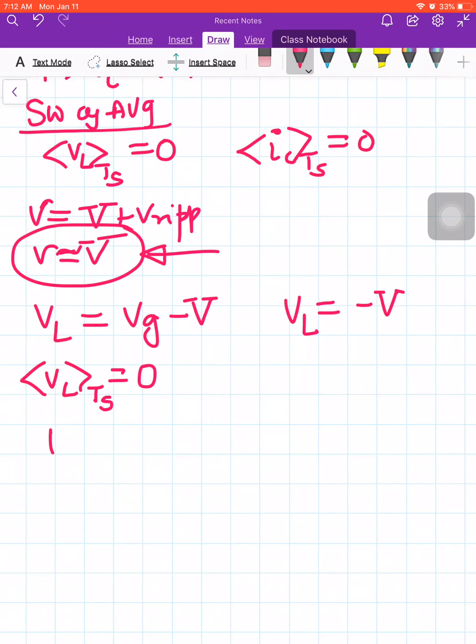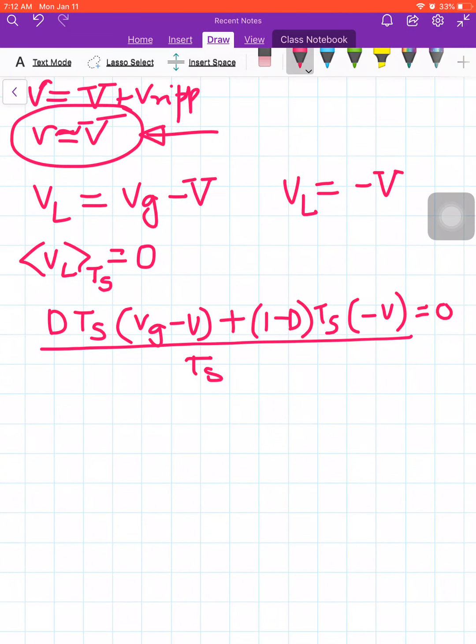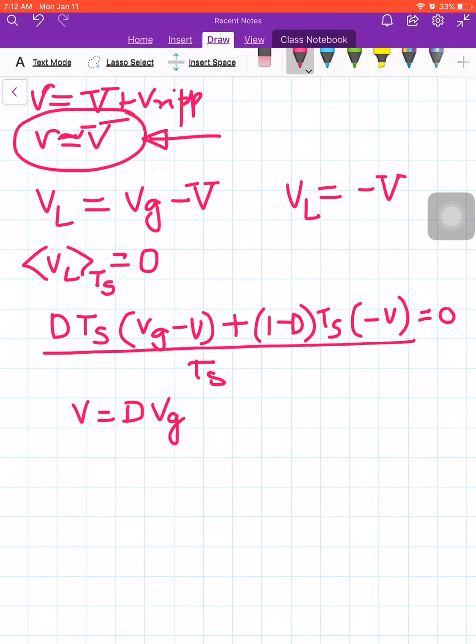So let me average it: Vg minus V, plus 1 minus D times Ts into minus V, whole divided by Ts is equal to 0. If we simplify that equation, we get V is equal to D times Vg.